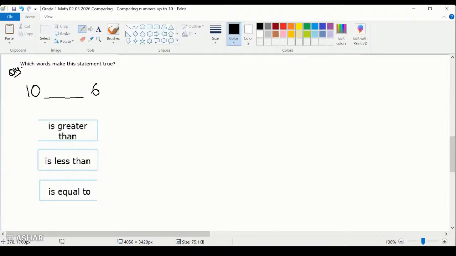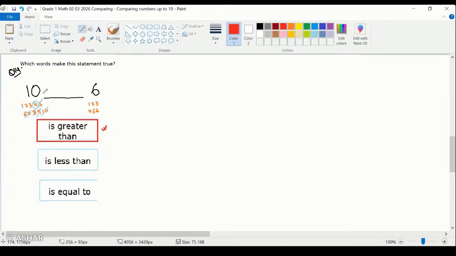Or 10 equals 6? 1, 2, 3, 4, 5, 6, 7, 8, 9, and 10. 1, 2, 3, 4, 5, and 6. So if we remove 6 numbers, we are still left with 4, right? 10 minus 6 would be 4. That means 10 is a greater number. Agreed? Do we agree upon it?